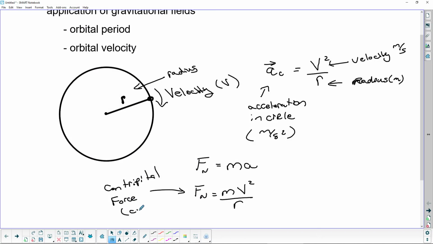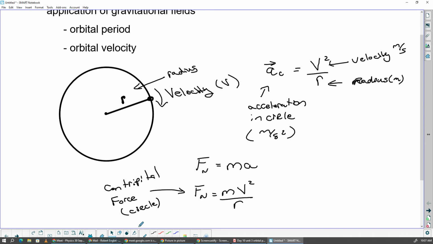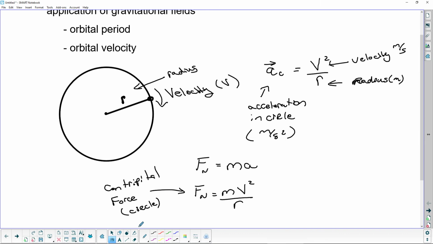So it's basically a force in the circle. So there is a force, and if you're swinging something over your head and then you cut the string, it's going to be pushed straight out. Okay? So that centripetal force is going to be opposite of gravitational force if you're thinking of a planet.